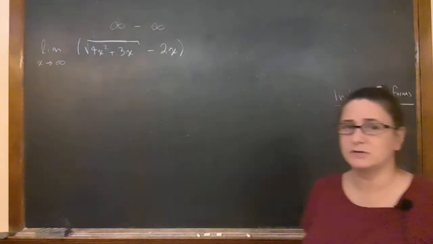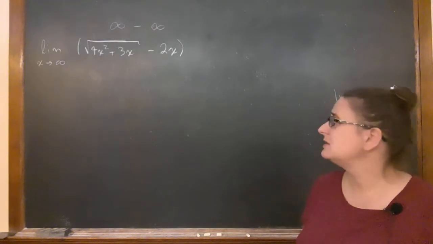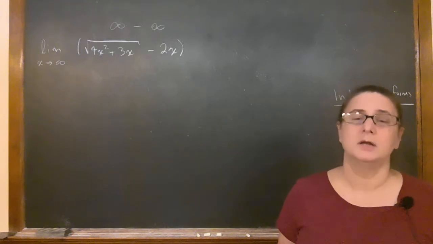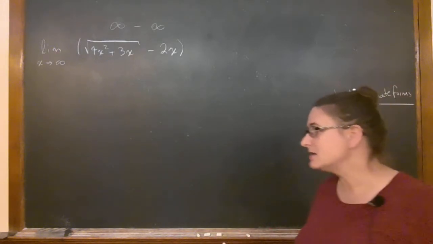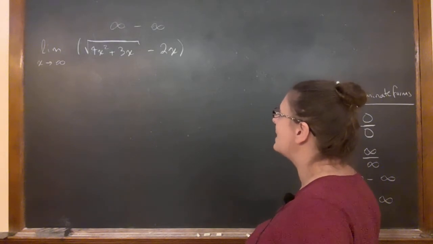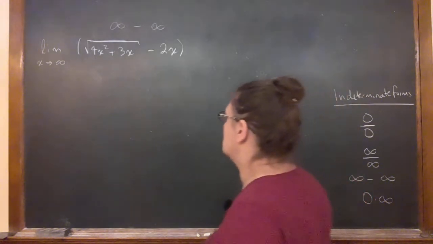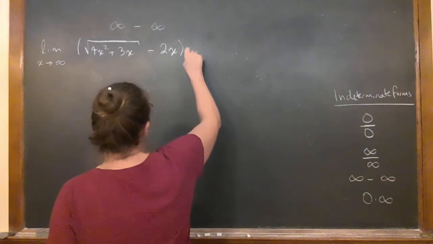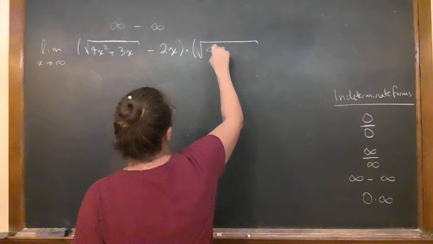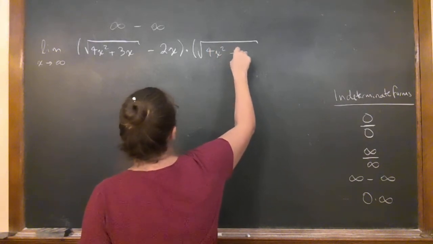Usually if you have one of those, you try to factor it or something, but this has a square root. You can't factor this the way it is. So as always, we're going to try and multiply it by the conjugate radical and hope that that works out, because that's our best hope.